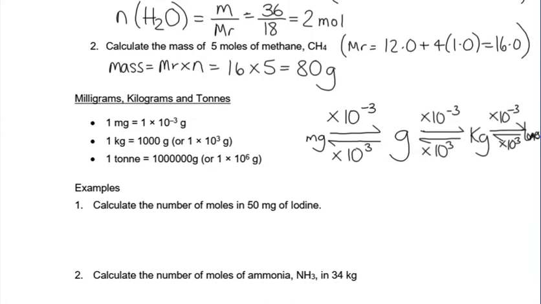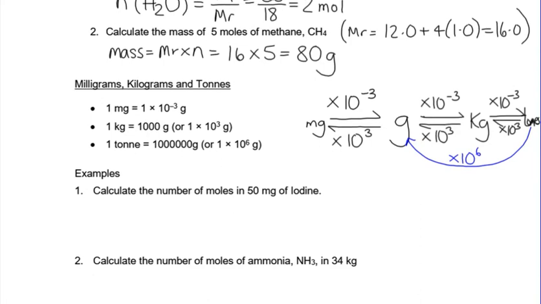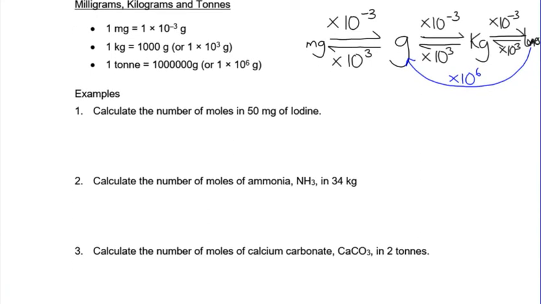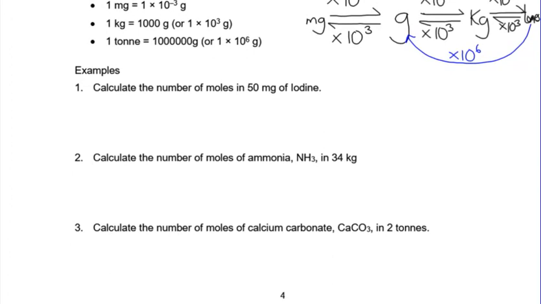So if I was given a number in tons and I wanted it in grams, I would be doing times 10 to the 6 because I'd be going 1,000 and 1,000, so it's 1,000,000 times. So we just need to be able to convert between these units. So bearing that in mind and thinking about the formulas of things, see if you can answer these 3.